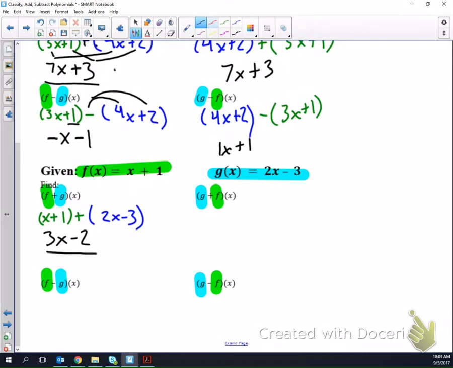Now, I'm actually not going to do this one over here because I already know that rearranging the addition isn't going to change it. F plus g should be the same as g plus f. So we'll get 3x minus 2 again.